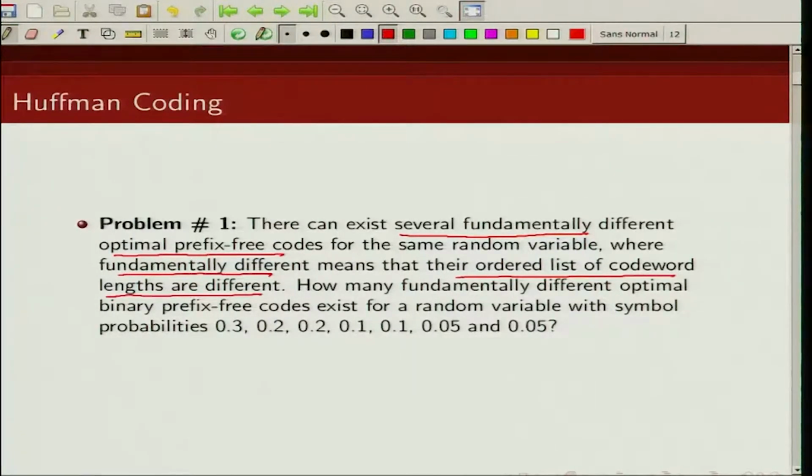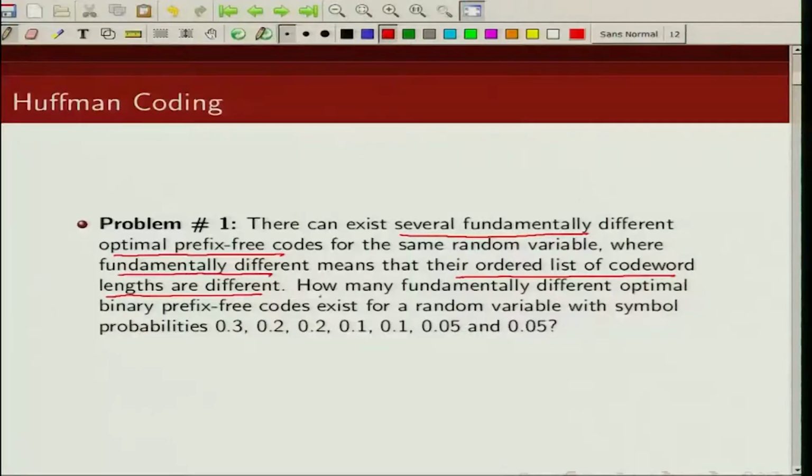So when I say fundamentally different optimal prefix-free codes, I mean these are Huffman codes, and if I arrange the Huffman codes by the length of the code words, their ordered list of code word lengths is different if they are fundamentally different optimal prefix-free codes.